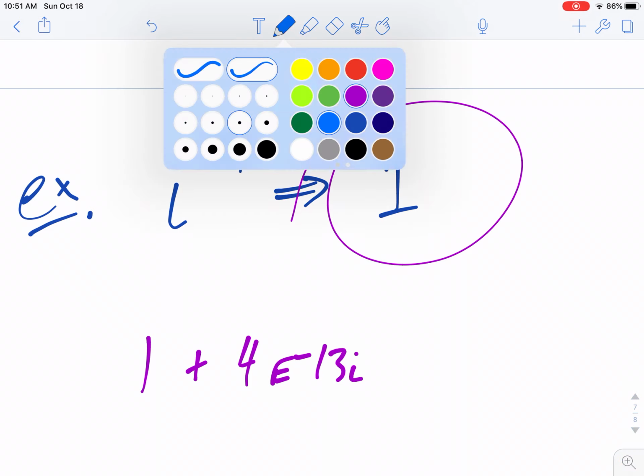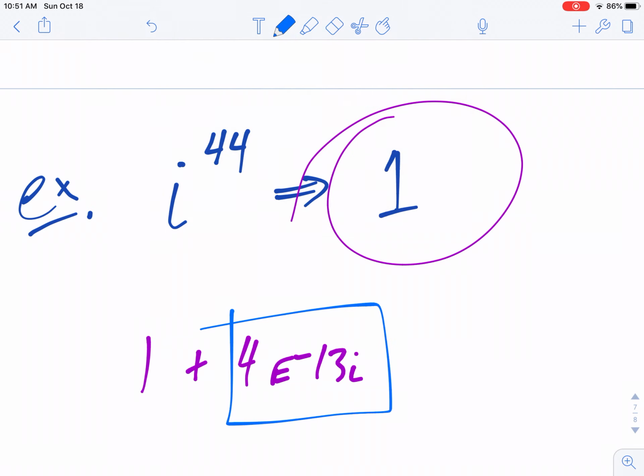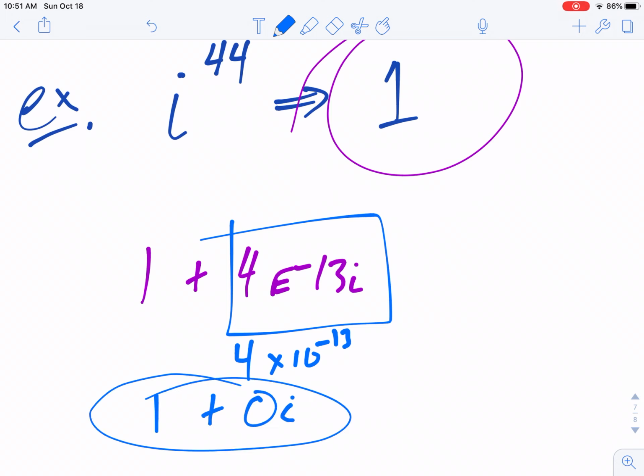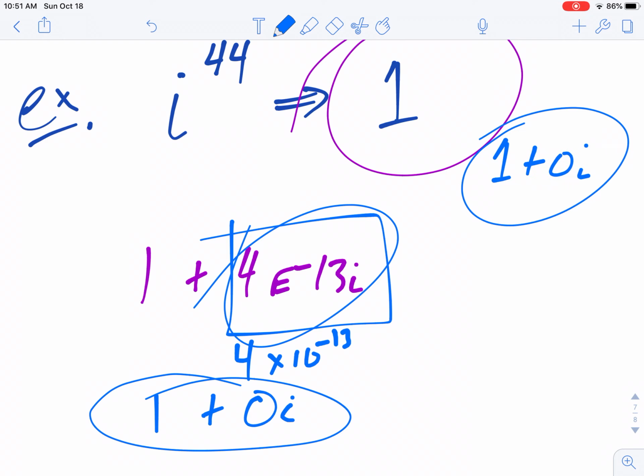Well, this is scientific notation. 4 times 10 to the negative 13 is an estimation for 0, basically. 1 plus 0i is what the calculator is trying to tell you. If you have a TI-83, you might be seeing that weird expression. Well, that's just telling you to round it off to 0. Well, 1 plus 0i is the same as just a 1. So that's the calculator. If you want to use it, you can.